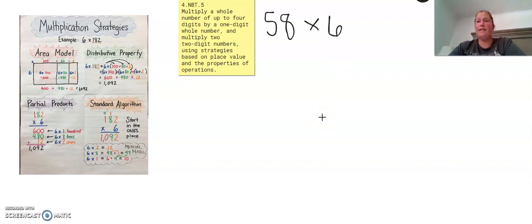Let's look at our 58 times 6. What do we know? What we want to do is break this down into equations that we know how to multiply already. So in 3rd grade, we had you really focus on that multiplication chart. We wanted you to master your facts. It makes it so much easier when we multiply with bigger digits, okay?